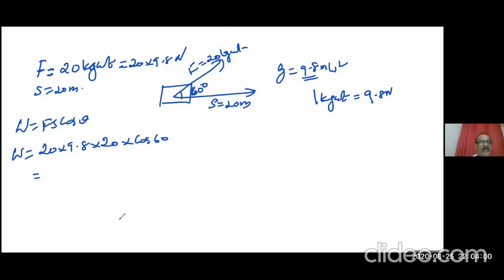You can check. So 1960. 1960 Joule. Next.